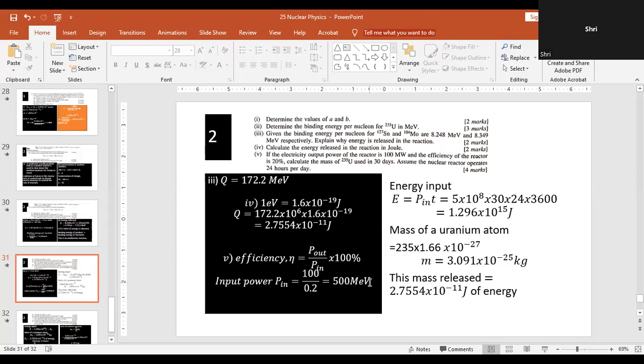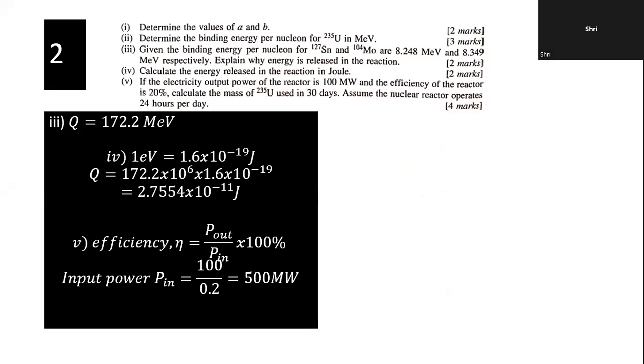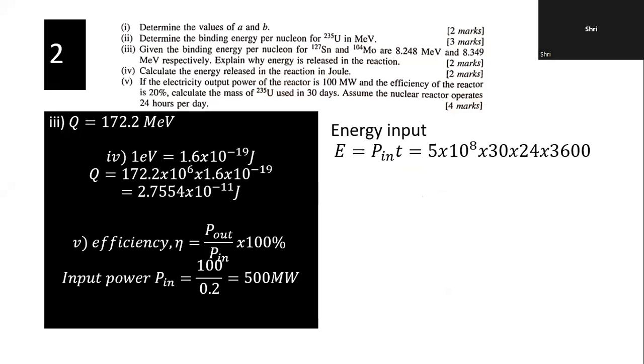This one is megawatt, because it's in watt, and this is in megawatt. Okay, change it to watt. That's what I'm doing. 30 days, that's your time, then change it to seconds.